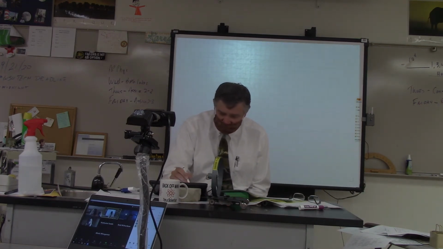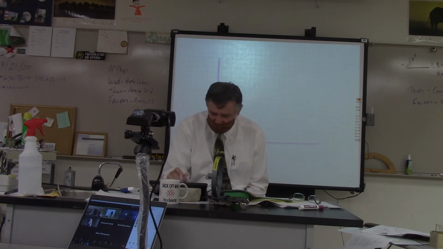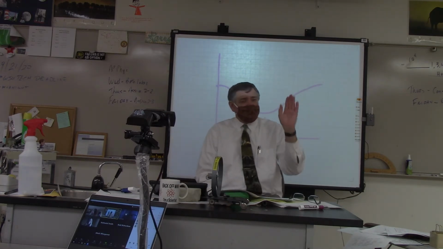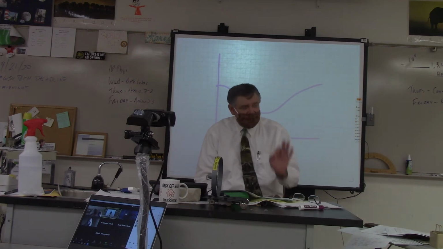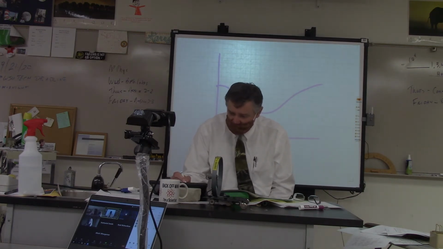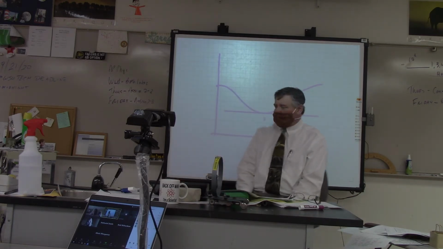Let me clean this up again a little bit. Okay? So let's say that's 3 seconds. And I say, what's the instantaneous velocity at 3 seconds? So at 3 seconds, you'd come in here and you draw a tangent line like this.